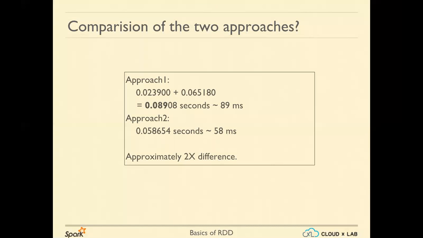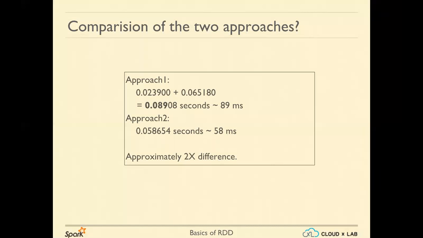A question from Saris is, the difference is about 50% only, right? Not 2x. Actually, here you see that approach one was taking 89 milliseconds and the second one is taking 58. In reality, if you run it multiple times, like 15 or 20 times, and then average it out, you'll find that the average time is almost 2x.